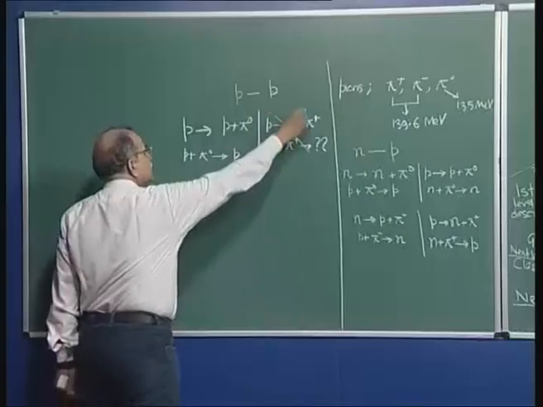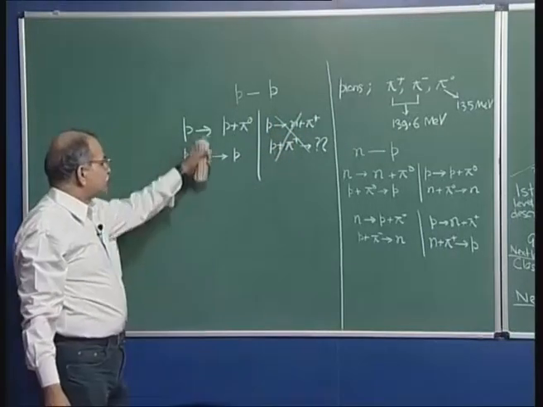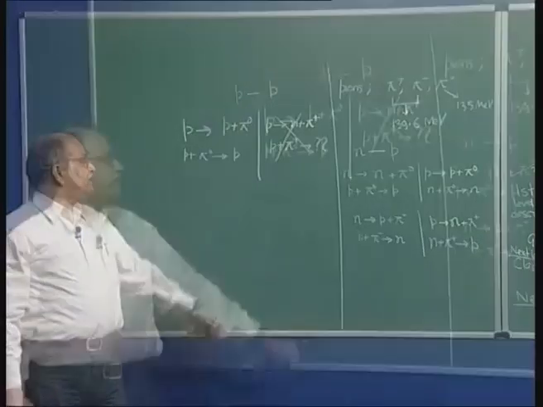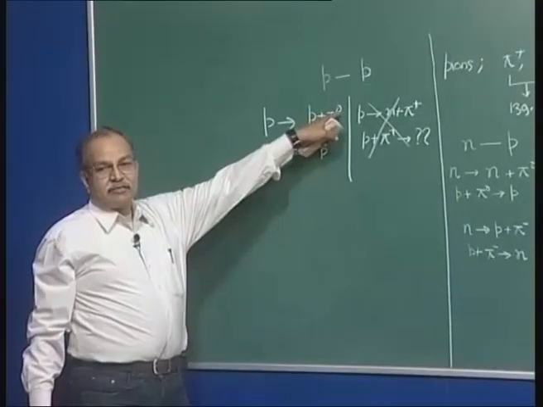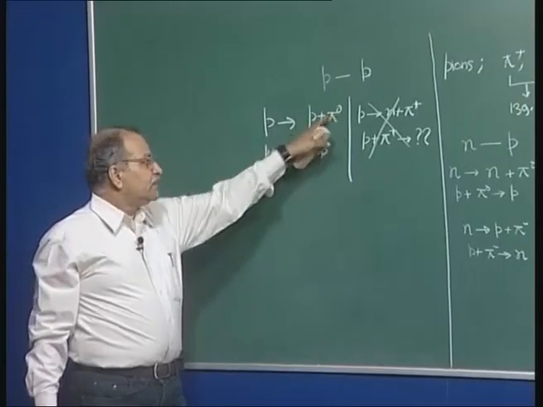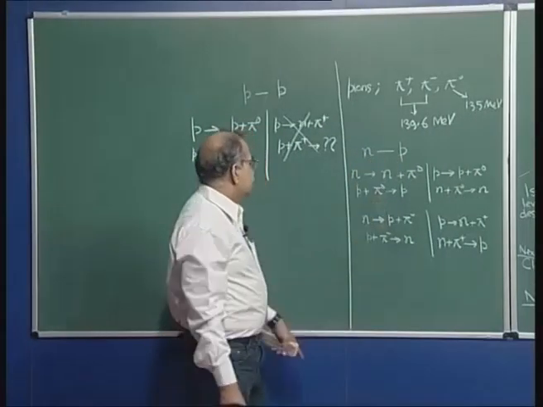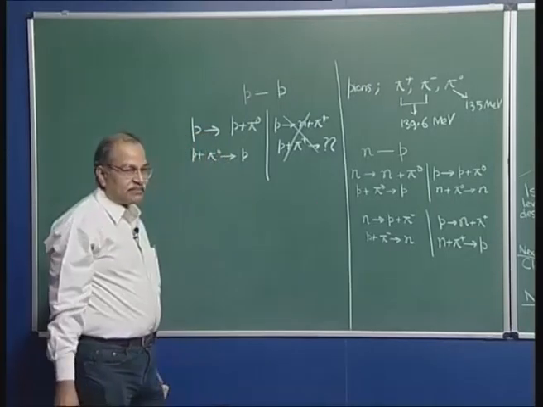So, this is not possible. Similarly, pi minus is not possible. So, PP scattering or PP interaction can only be mediated by this neutral pion, whereas NP interaction can be mediated by all 3 of them.